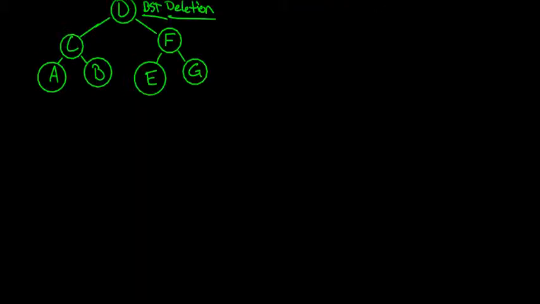Okay, so case one. Case one is that the node that you're deleting has no children, which means that it is a leaf, which means you can just delete that node.